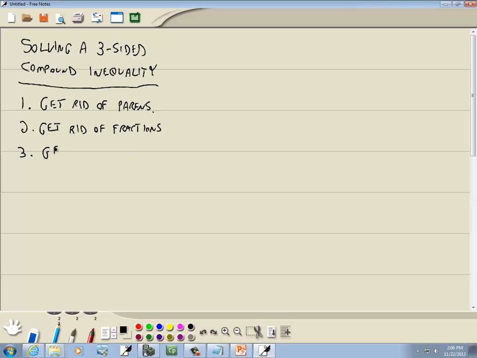Step 3, and I'll write this in terms of x's, but you can have any variable. Get everything with an x in the middle. Numbers on the other 2 sides.